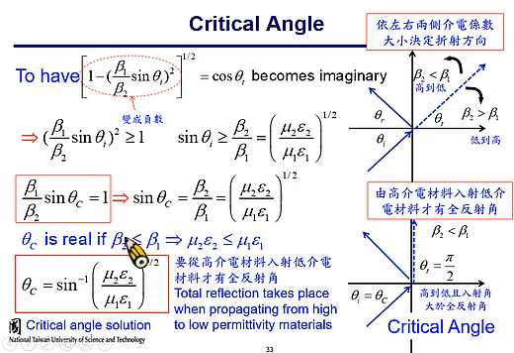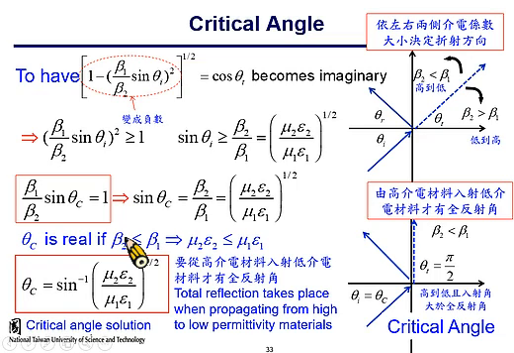If the incident angle is greater than the critical angle theta c, then you have no solution for theta t. With these requirements in mind, you end up with this relationship: the critical angle theta c equals arcsine of this.